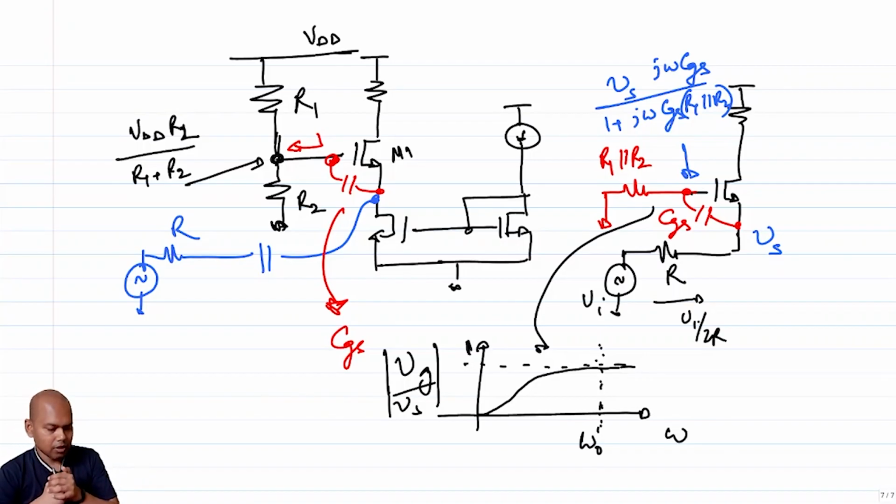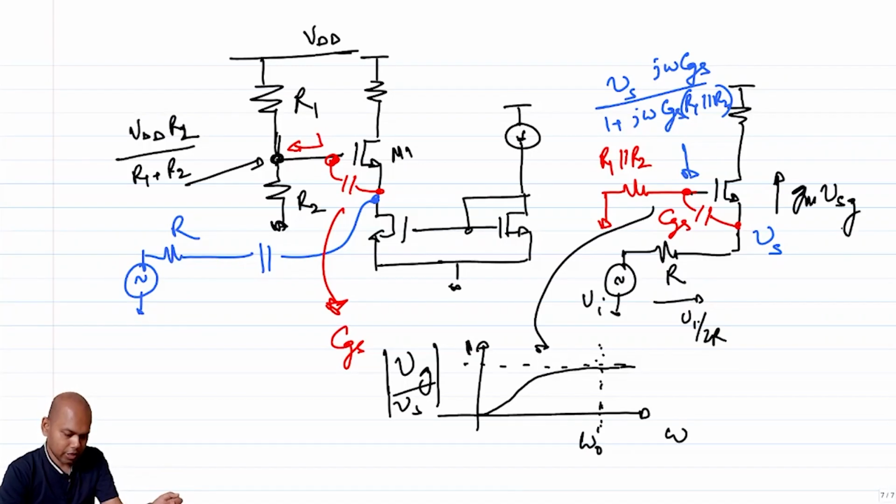In other words, the current that you are trying to push in here is essentially Gm times Vsg. If Vsg is tending to 0, the current is reducing.